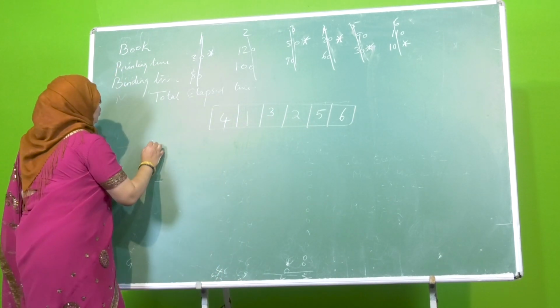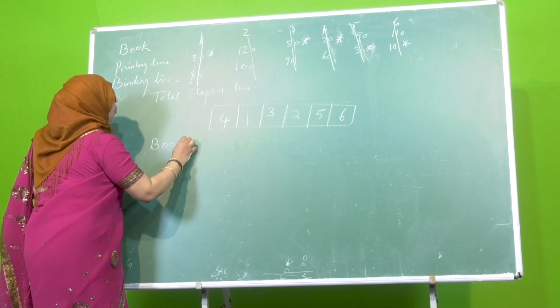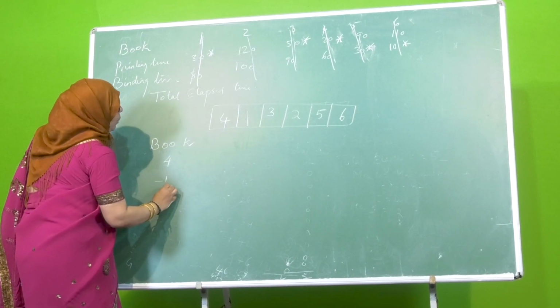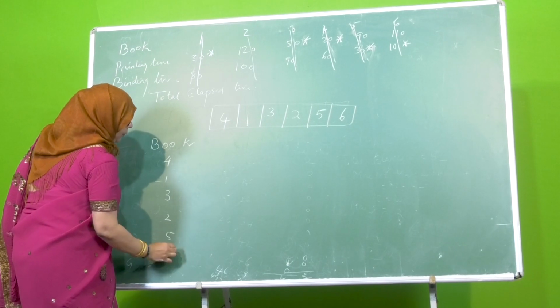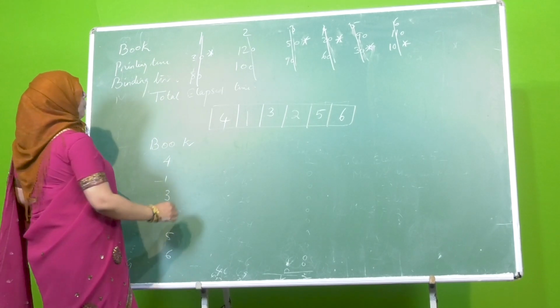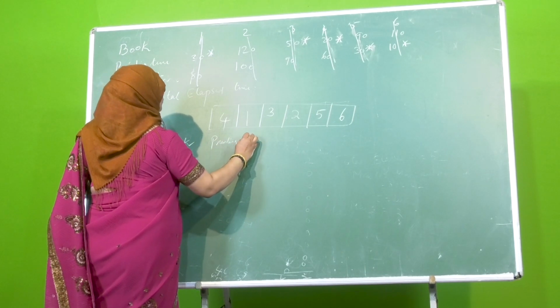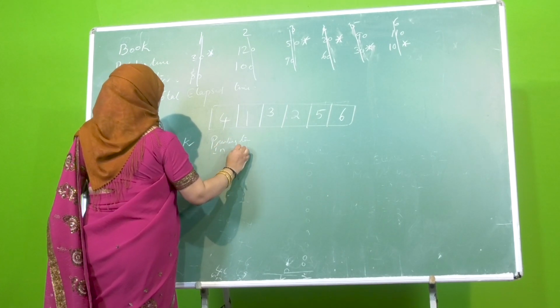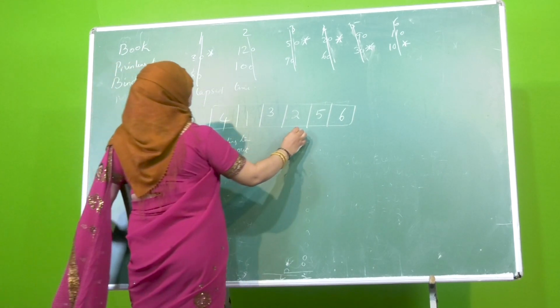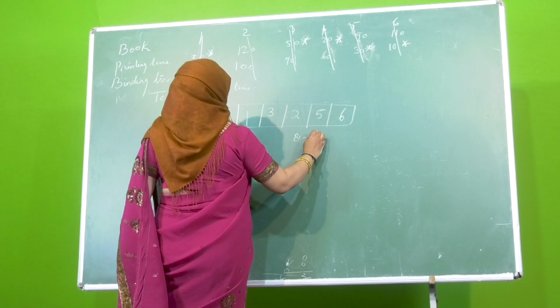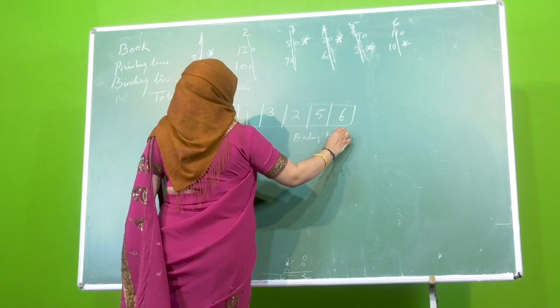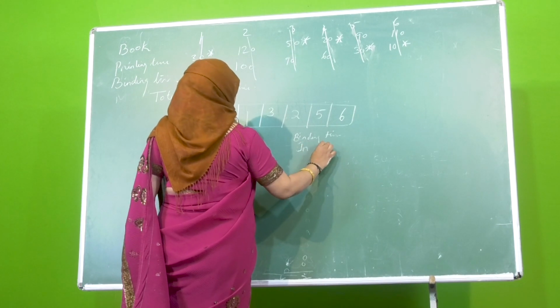Okay. So, book 4, 1, 3, 2, 5, 6. Printing time. Now, binding time.